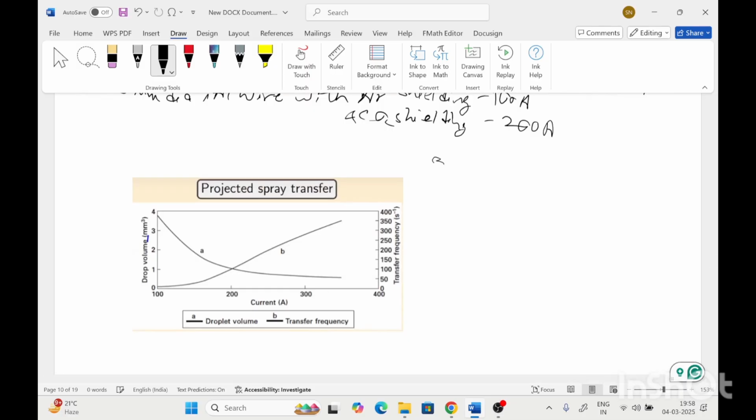The third is the projected spray transfer. This occurs with an increase in current.